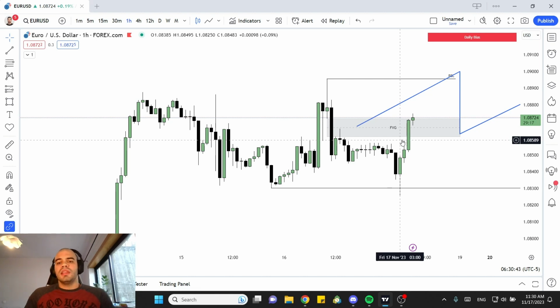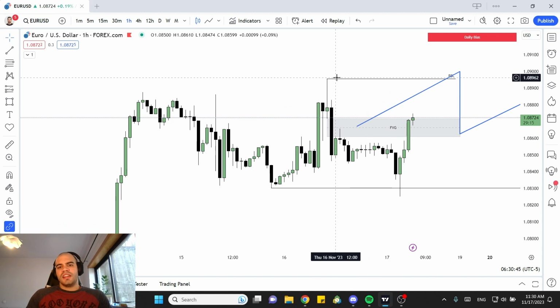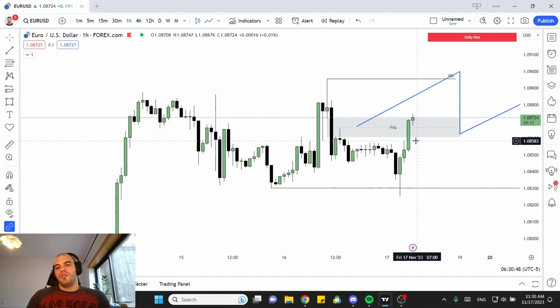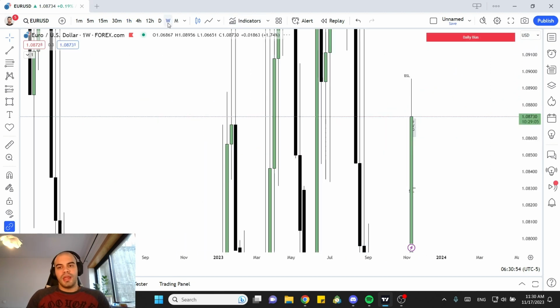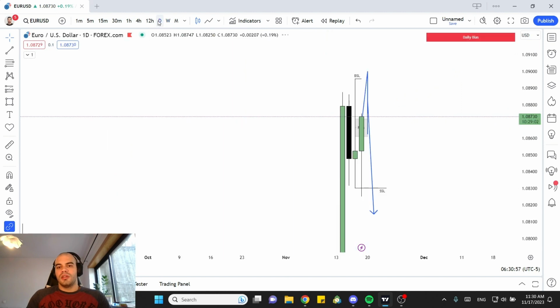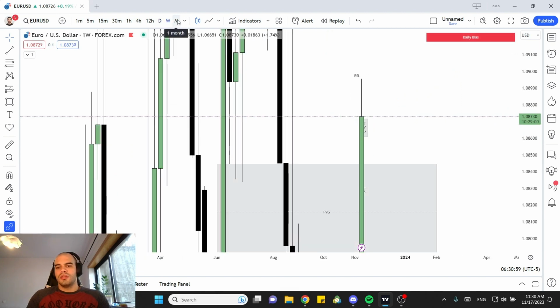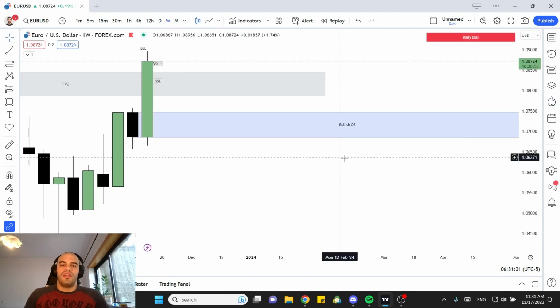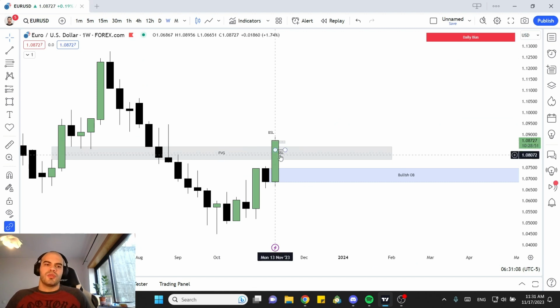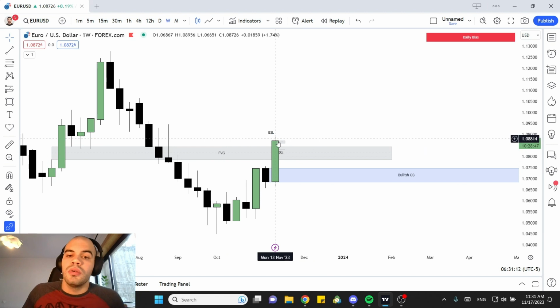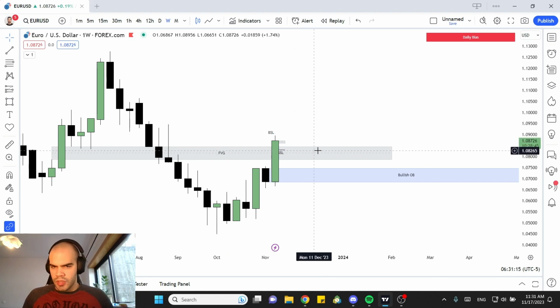Everything that I'm telling you, the fact that I'm waiting for this high to be swept to then move lower to grab more liquidity and then close the week with a bigger wick, is based on this weekly fair value gap, and on the DXY, the bullish order block. So I would like to see this week closing inside of this fair value gap.